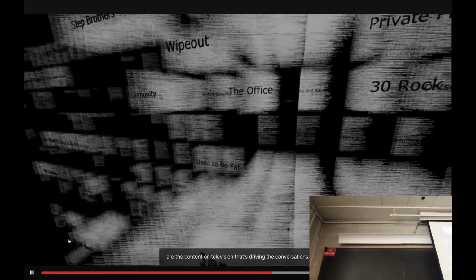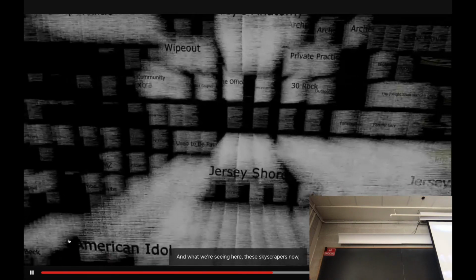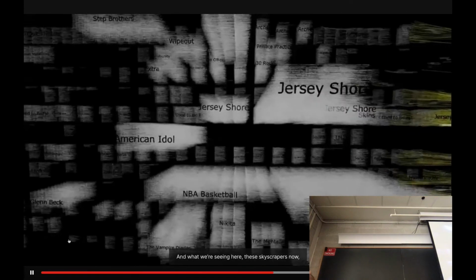And the same idea now can be built up, and we get this wordscape, except now words are not assembled in my living room. Instead, the context, the common ground, the activities are the content on television that's driving the conversations. And so what we're seeing here, these skyscrapers now, are commentary that are linked to content on television.